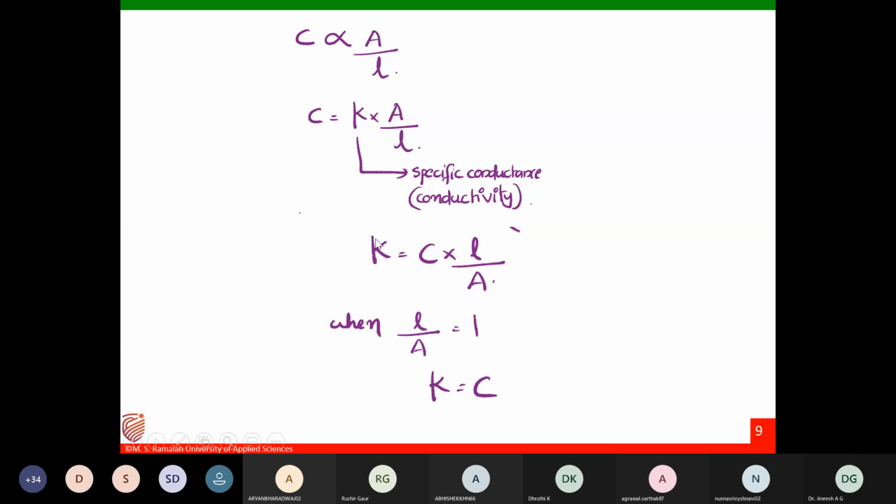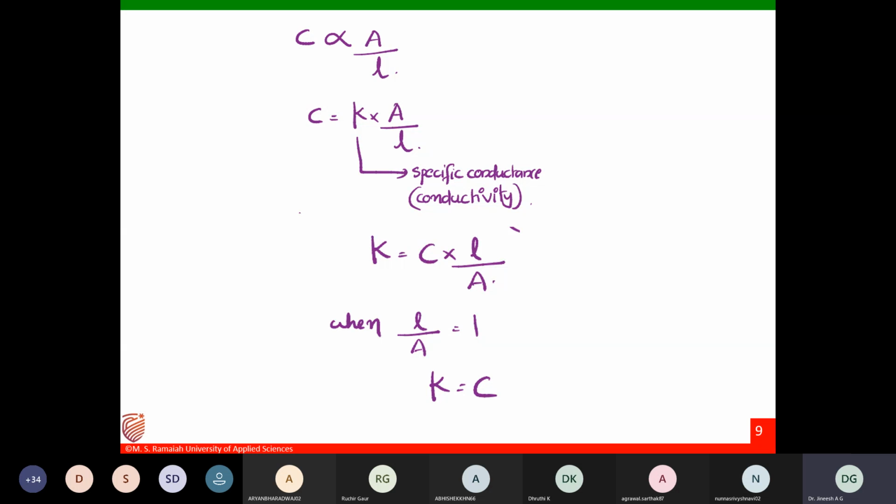Yes, sir. Now, this L by A, we call it the cell constant. You heard about this cell constant in electrochemistry, the same cell constant. This will be the same for a particular electrode.